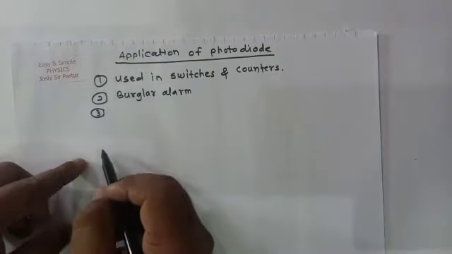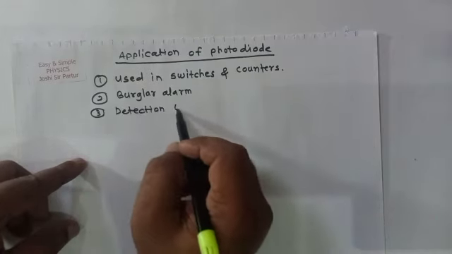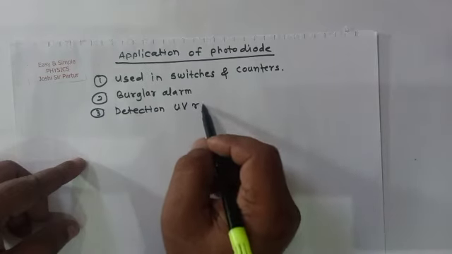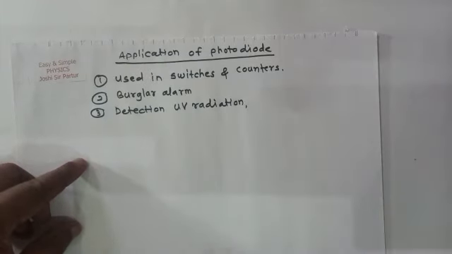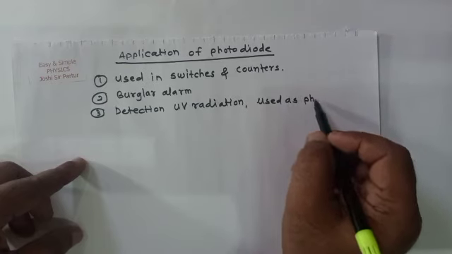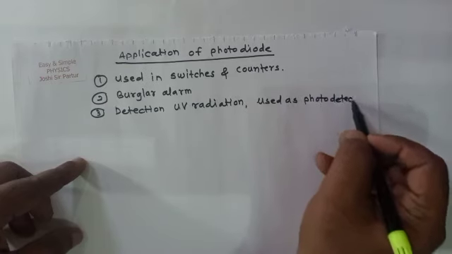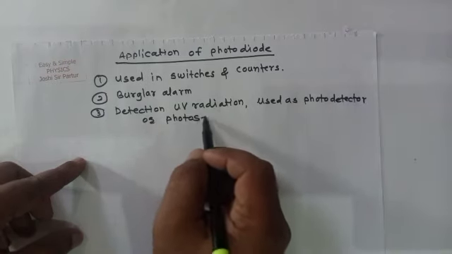Then detection of ultraviolet radiation: photodiodes are used to detect ultraviolet radiation as well as visible and invisible radiation, means it is used as a photodetector or photosensor.